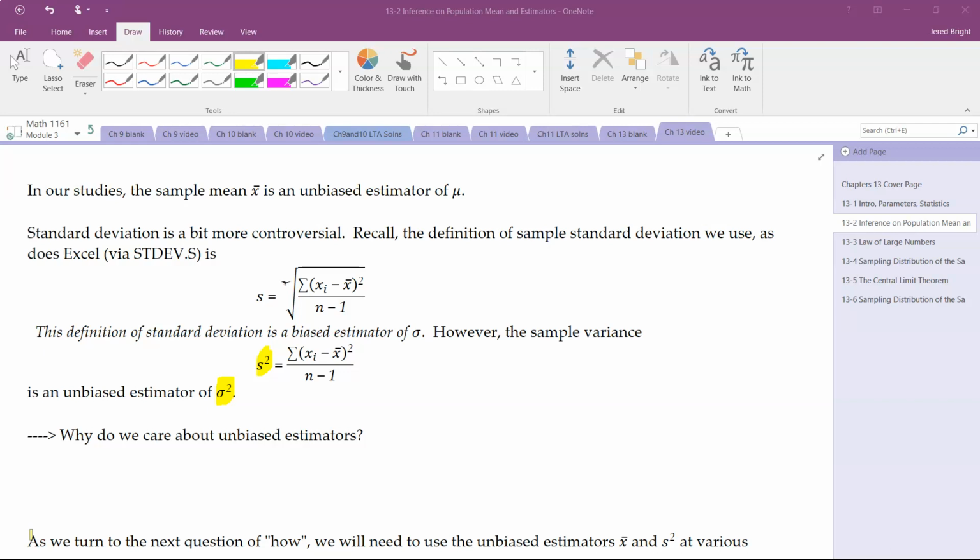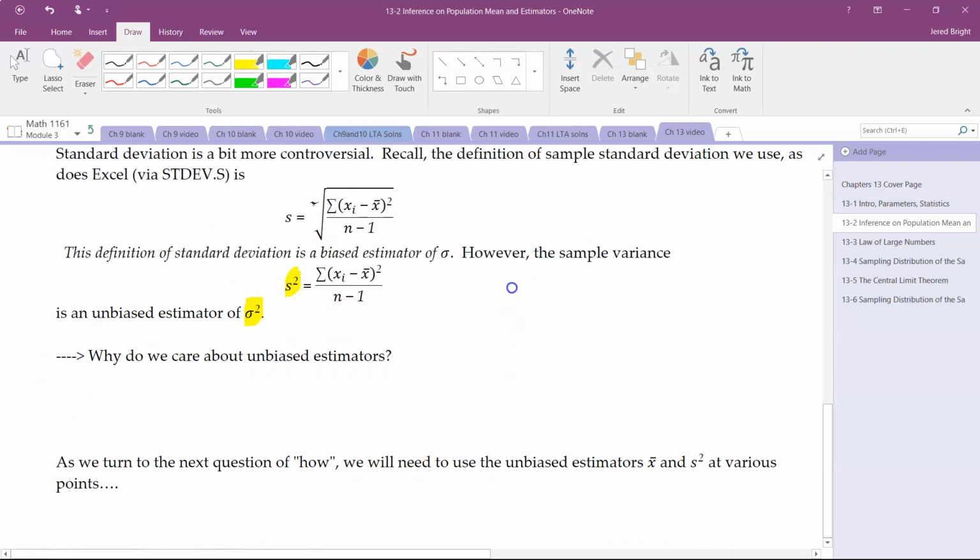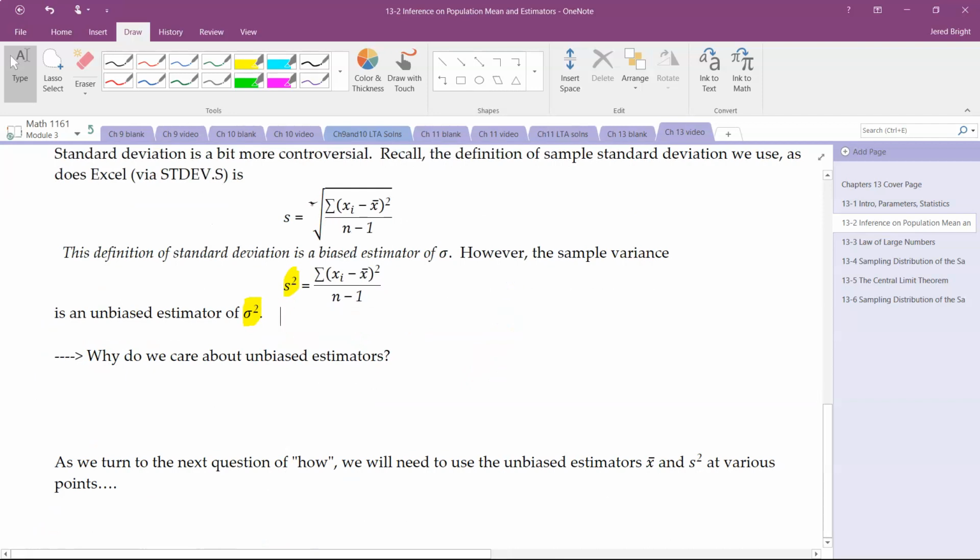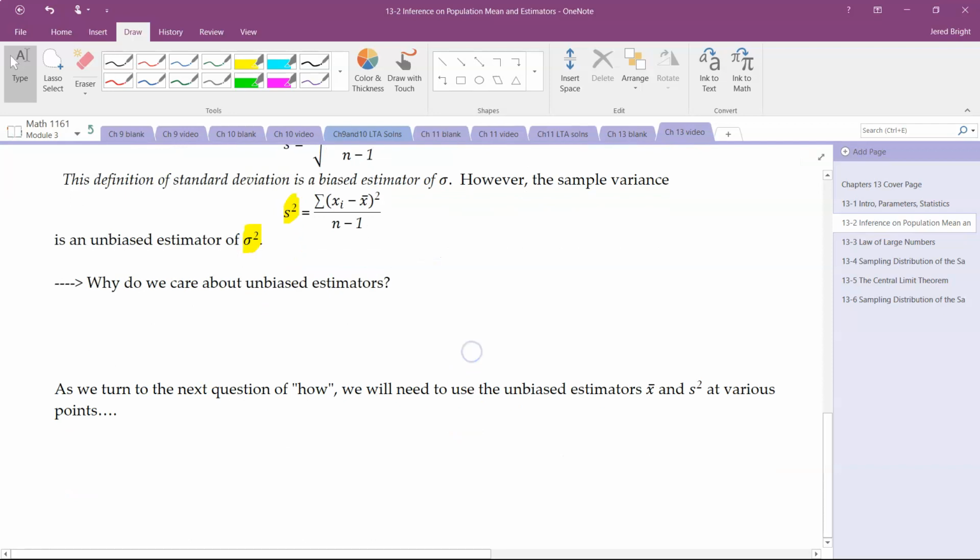So let's not mess up the calculations. We've talked about that credibility piece: we want a good sample, and we want to use unbiased estimators whenever possible. The next question is how do we make an inference with a sample? That's what we're going to explore in the next video.